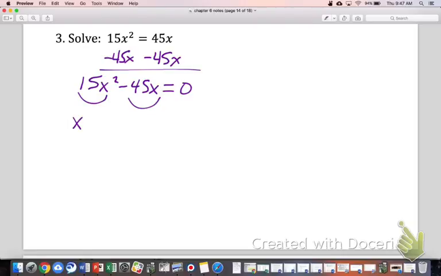So I'm going to just put this out to the side and say, okay, the x is definitely going to be part of my GCF. But we still have the numbers to deal with, right? The 15 and the 45. And so you can list out 15 is like 3 times 5, and 45 is 3 times 3 times 5. But I would encourage you to start to try to move to a place where you'd say, all right, what's the biggest number that goes into 15 and 45?